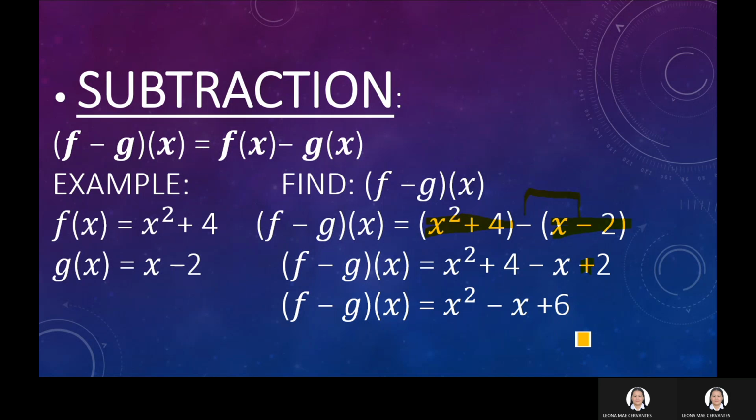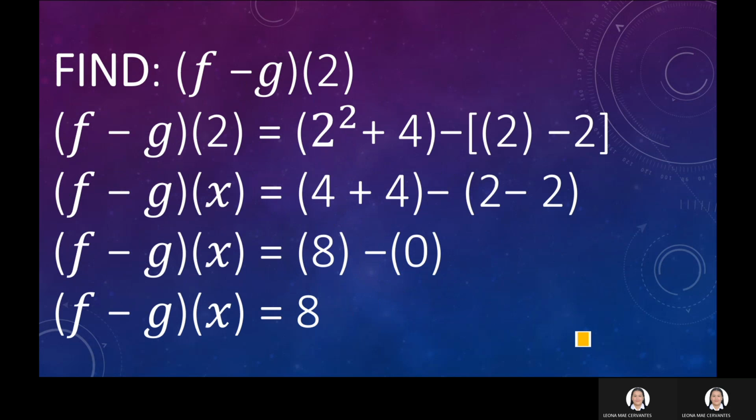Next, if x is equal to 2, so we have x squared plus 4, so 2 squared plus 4.